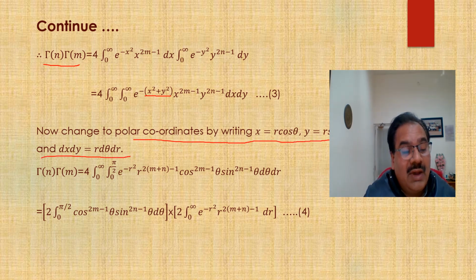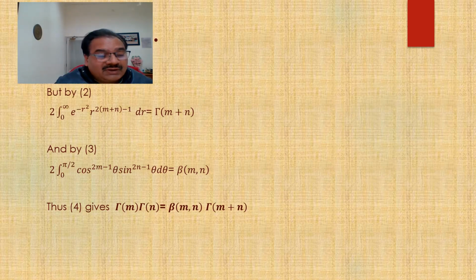You may write dx dy as r d theta dr, and after putting the values, expressing in polar form and simplifying, you will get this result: 2 times integral 0 to infinity e power minus r square, r power 2(m plus n) minus 1 dr, which is equal to gamma m plus n.